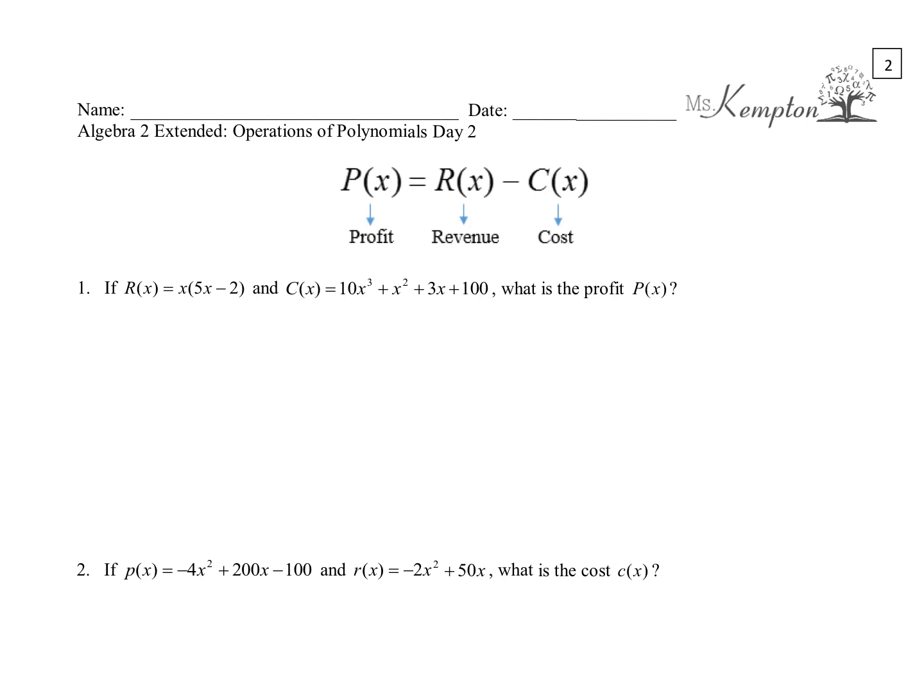So today, for the first two questions, we're going to focus on a little formula that deals with profit, revenue, and cost. The formula is profit is equal to revenue minus cost. For question 1, we are given our revenue and our cost, and we want to know our profit.